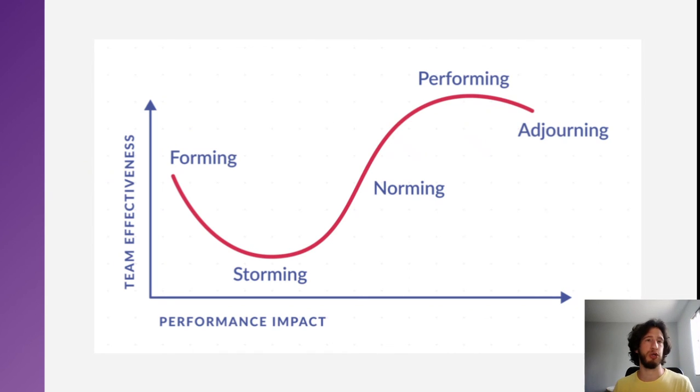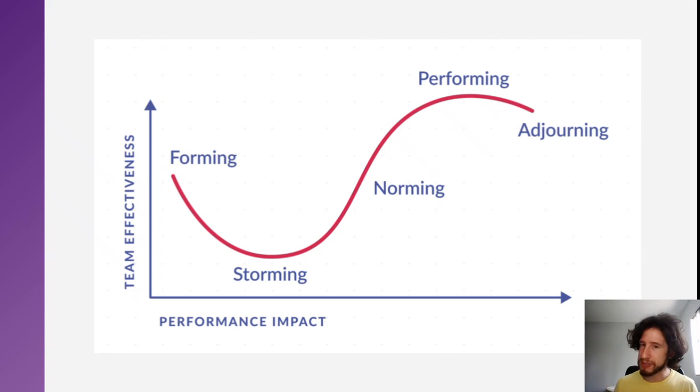So it's very crucial that you are aware of that, because you may be at the performing stage with a person, but a new member comes in, and now your relationship will step back a little bit due to this new team member.